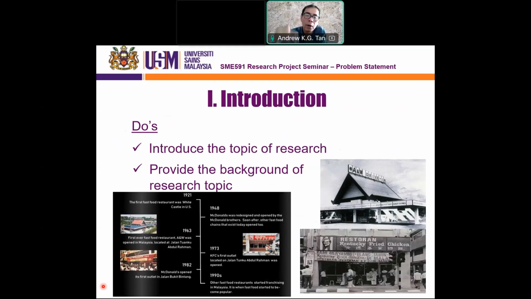So you can chronologically trace the growth of fast food in Malaysia, for example, by looking at the historical background or the chronological background of your research topic. So you might want to throw in a few photographs in your introduction.